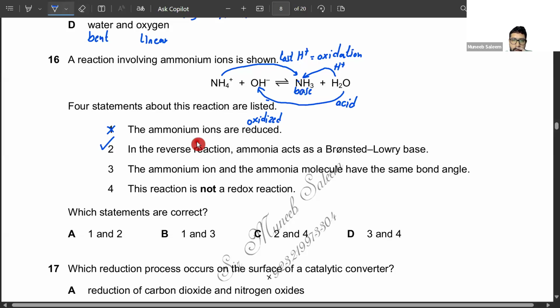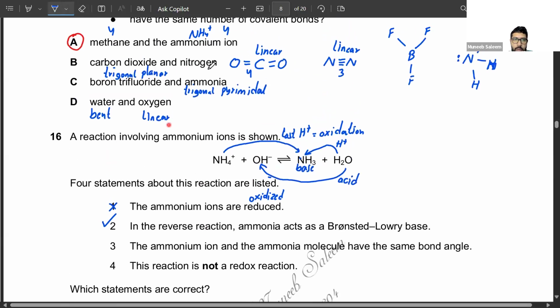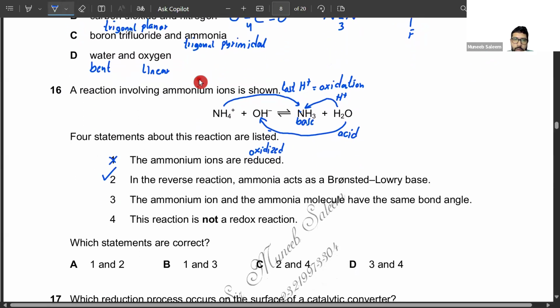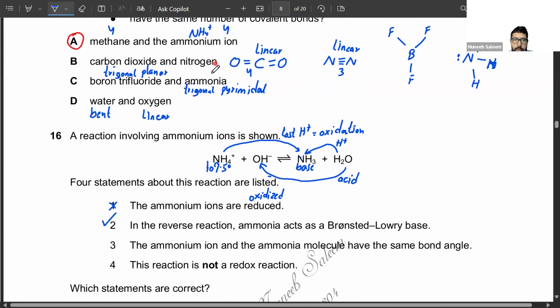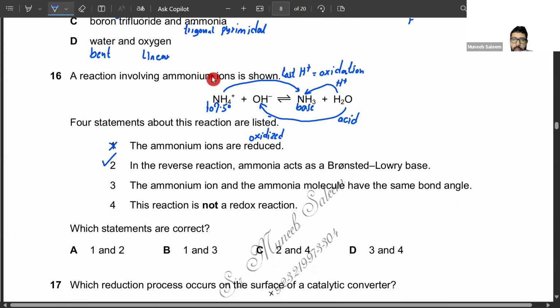3 says the ammonium ion and the ammonia molecule have the same bond angle. So if we look at here, NH4 is a tetrahedral shape, as already mentioned in the previous example. The angle in tetrahedral is 109.5 degrees. Whereas ammonia, also present in the previous example, has 107 degrees.